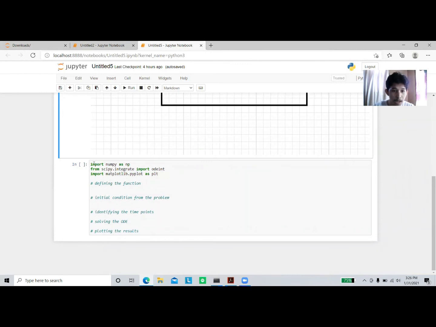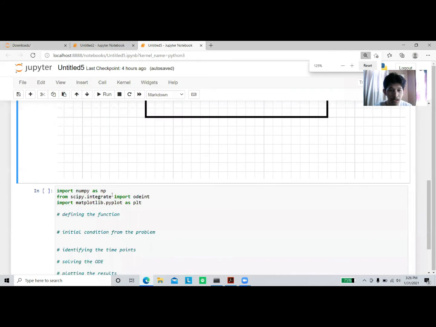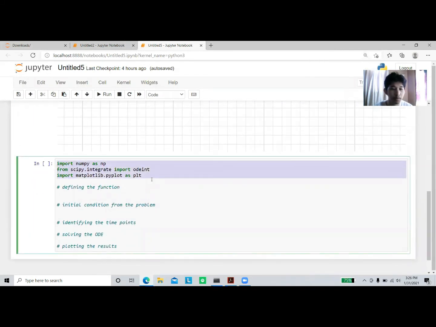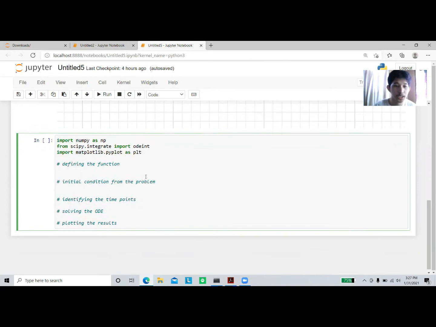I already input the imports, which include the Python packages that will help us solve this problem more easily with their respective functions.